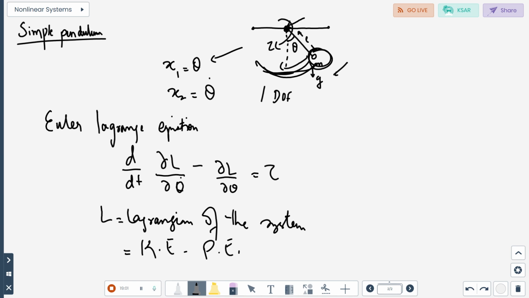But in this case we are having an actuator here and applying that to a body of mass m, and we want to see how this theta is varying. We'll be trying to find out the state space model of the system. So for that we'll be using the Euler-Lagrange equation.